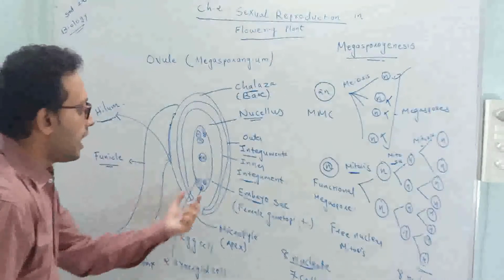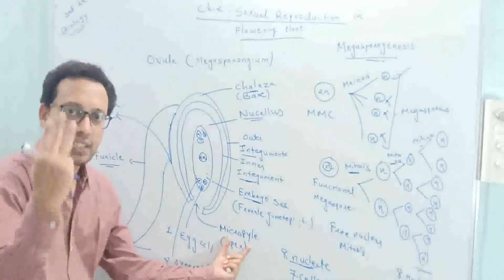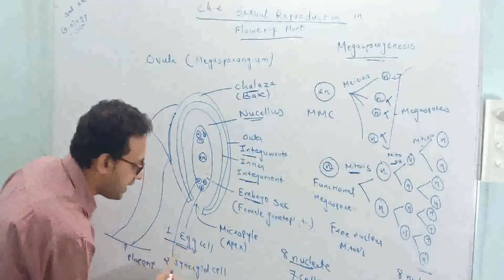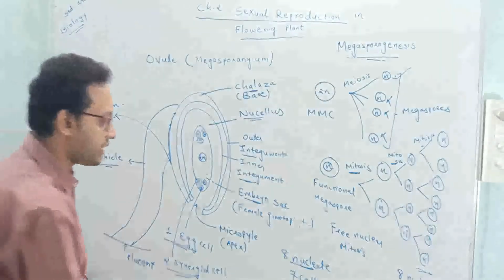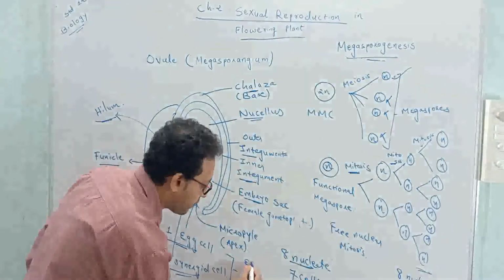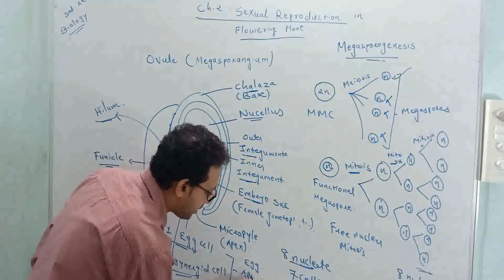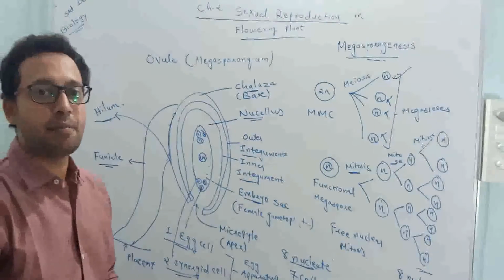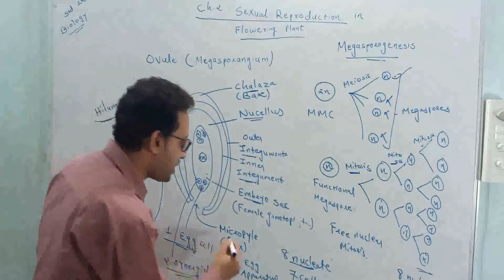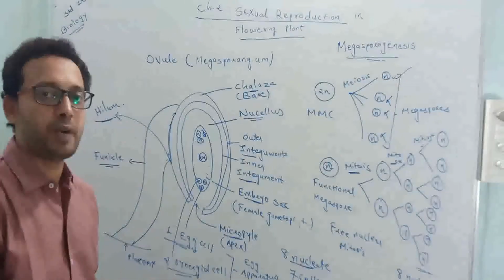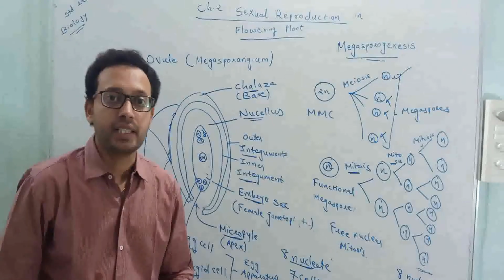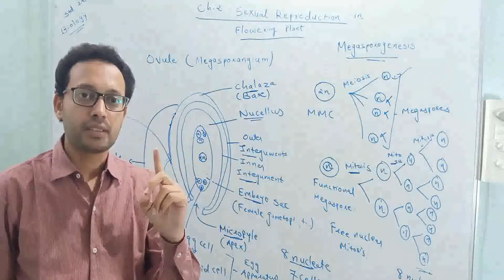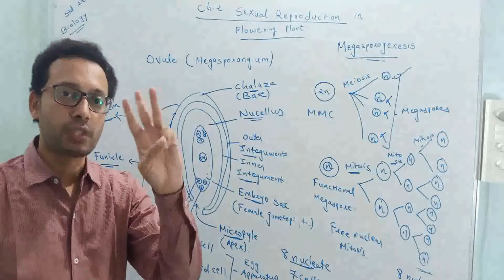All of you know that 3 cells are present at the micropylar end: one egg cell and 2 synergid cells, which combine together and form the egg apparatus. Egg apparatus is present at the micropylar end. The egg apparatus contains one egg cell, meaning one female gamete, and 2 synergid cells, total 3.